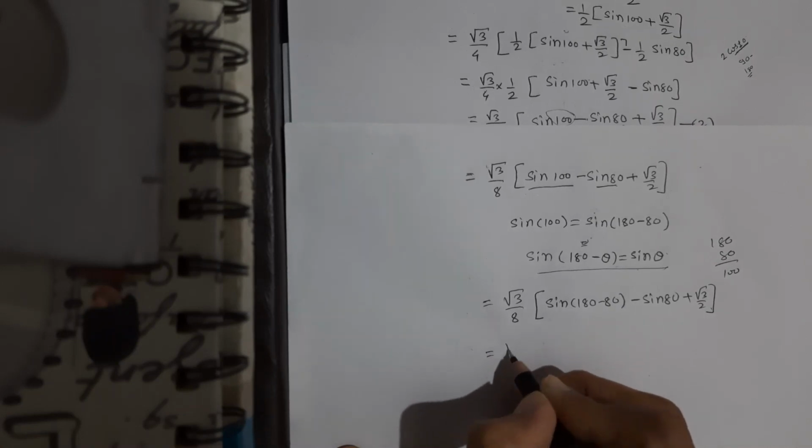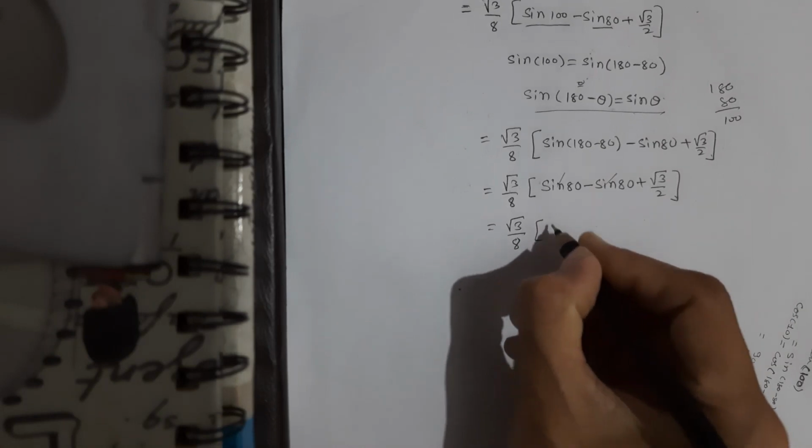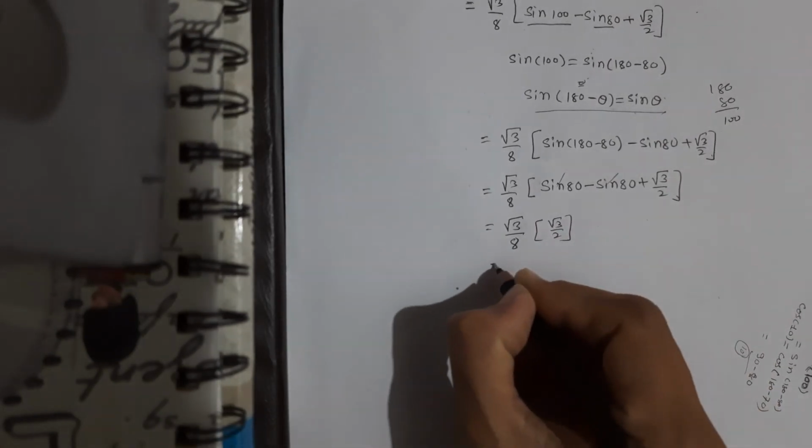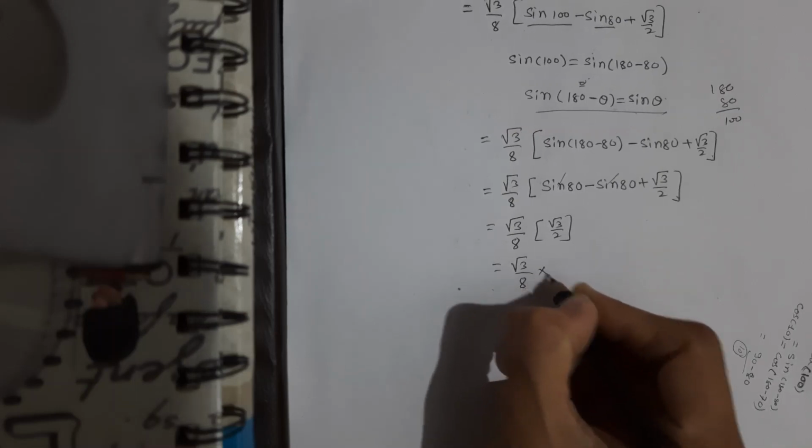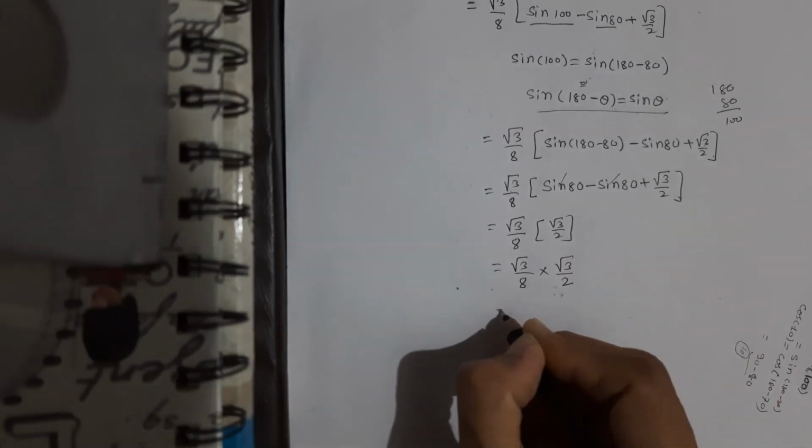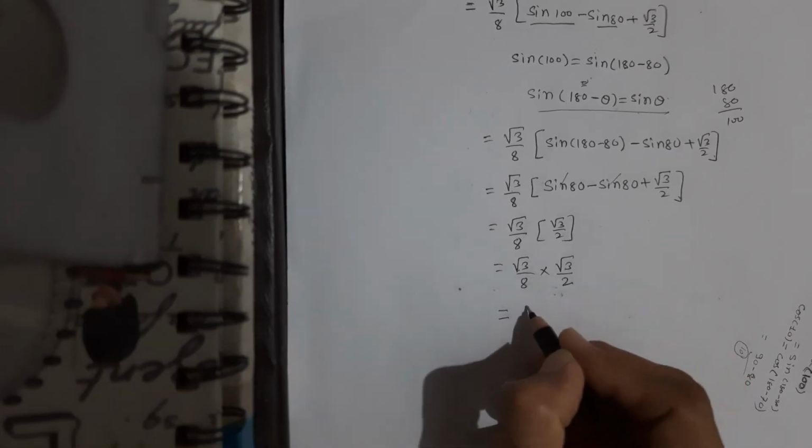Root 3 by 8 into sin 80 minus sin 80 plus root 3 by 2. So this gets cancelled, and I have root 3 by 8 into root 3 by 2. Root 3 by 8 multiplied by root 3 by 2 is root 3 into root 3, 3 upon 16, and that is what we wanted to prove. So that's how we calculated the things.